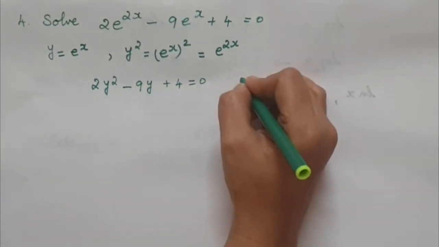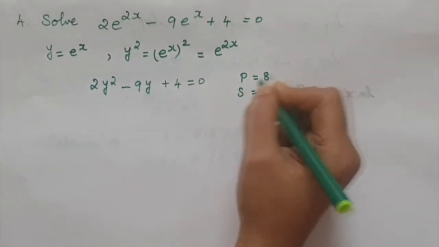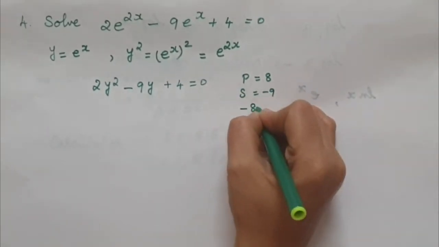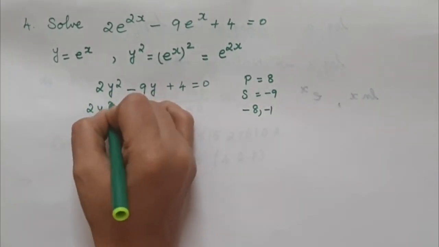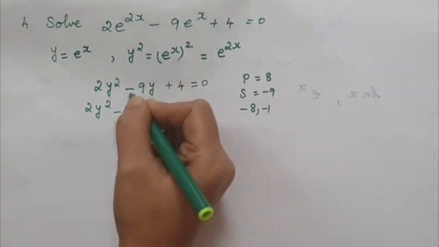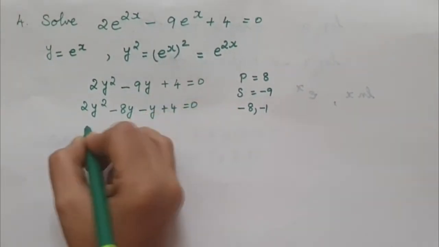Now when we factorize it, the product has to be 8 and the sum has to be minus 9. So the factors are minus 8 and minus 1.